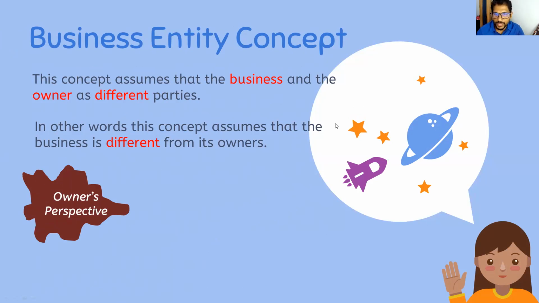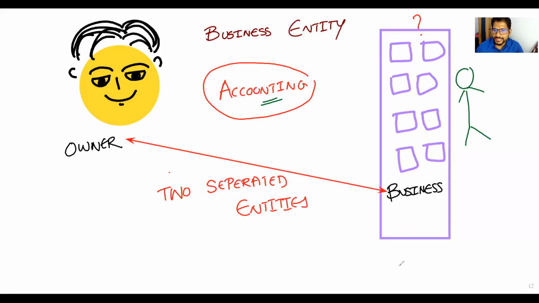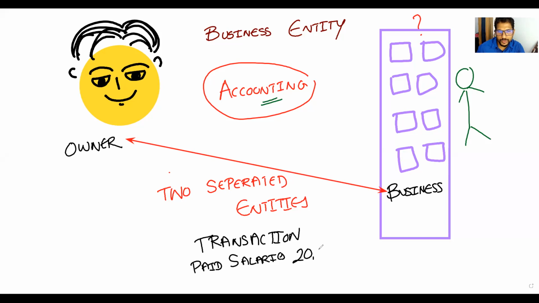Now look at this whiteboard again. Let's say we have a transaction: paid salaries to the staff, rupees 20,000.